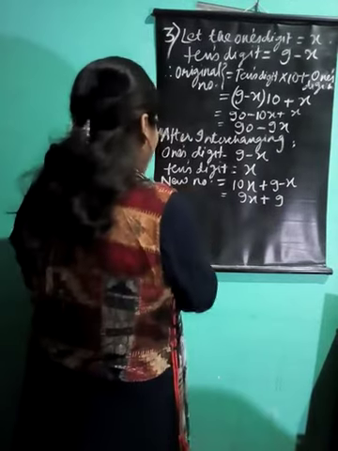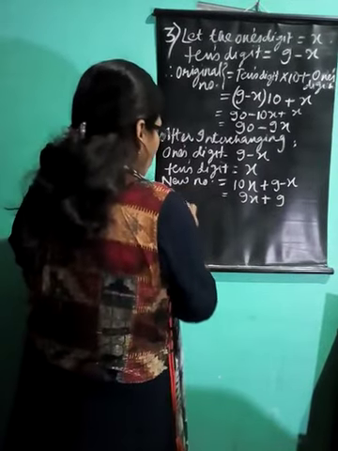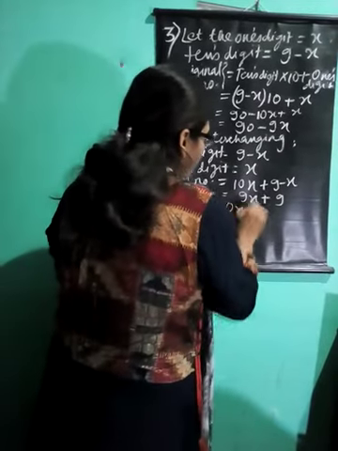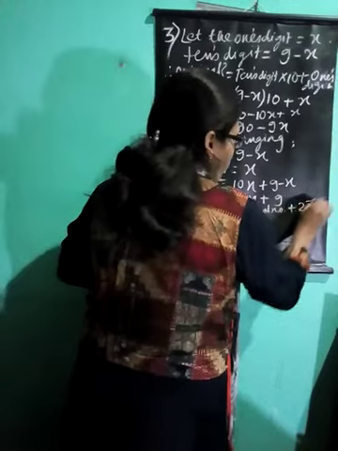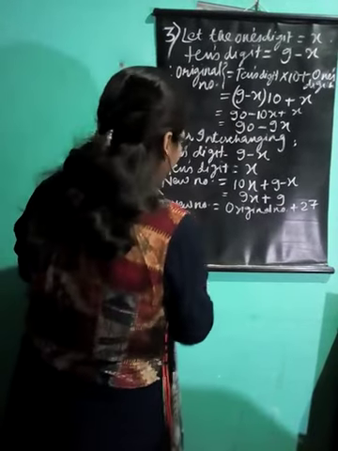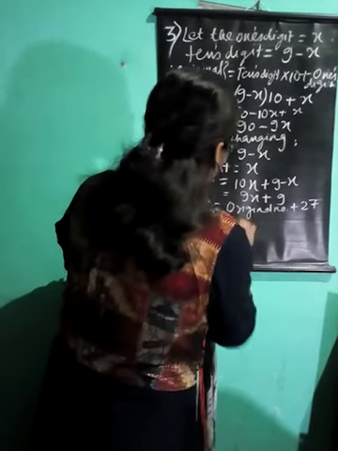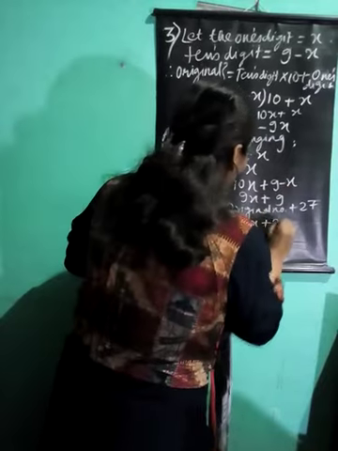So by condition, therefore, you can write your equation as new number is equal to original number plus 27. So now put that in your equation, new number is 9x plus 9 is equal to 90 minus 9x, which was your original number, plus 27.